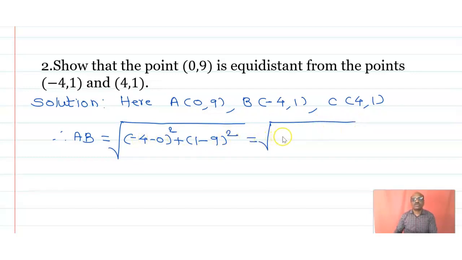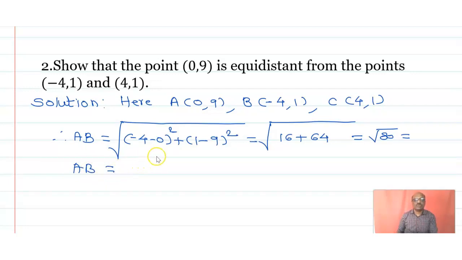Minus 4 square means 16. 1 minus 9 means minus 8. Minus 8 square means 64. And here is root of 80. And root of 80 means what?